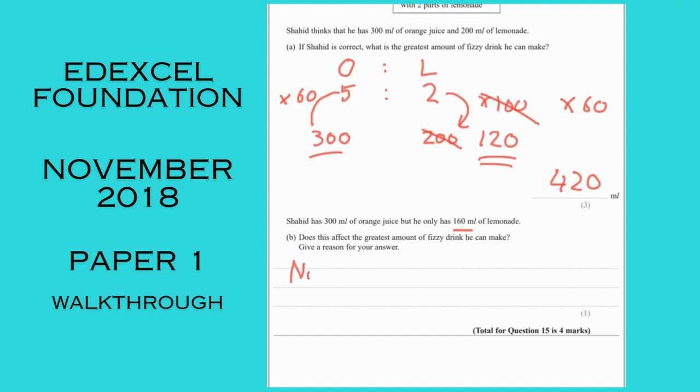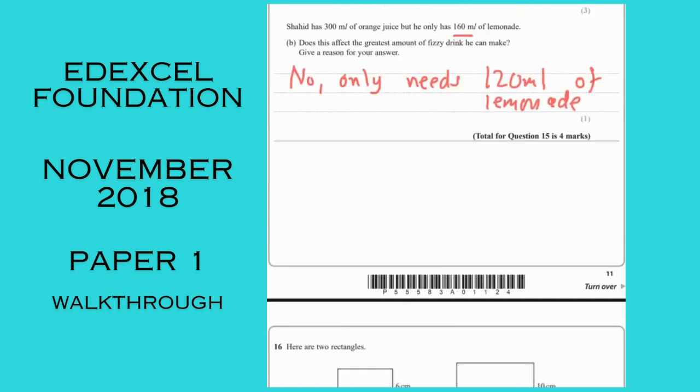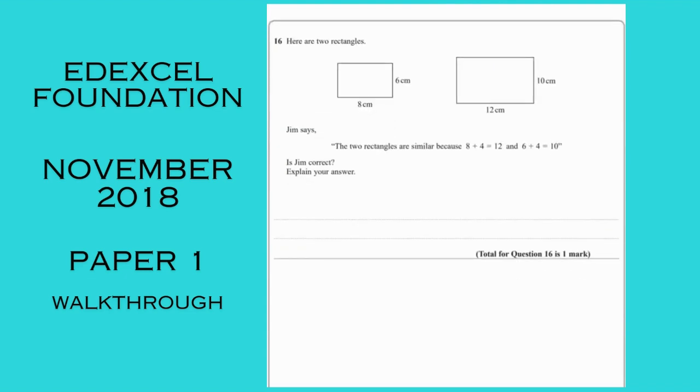Well, it's a no. It doesn't matter he's got slightly less lemonade because he only needs 120 mils of lemonade. If he wanted to make more, he needs more orange juice, is another way of going about it.